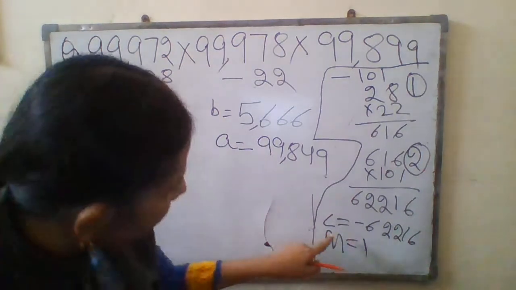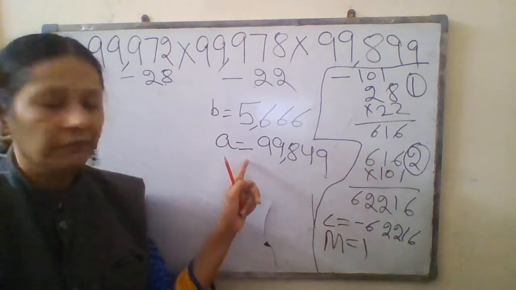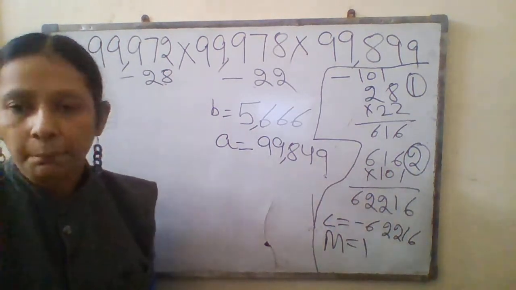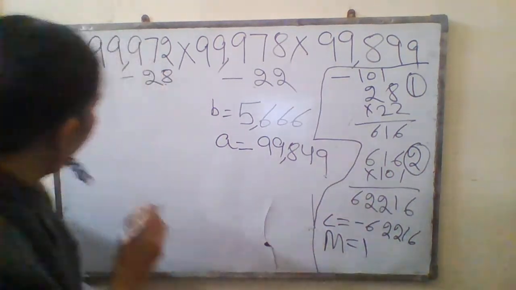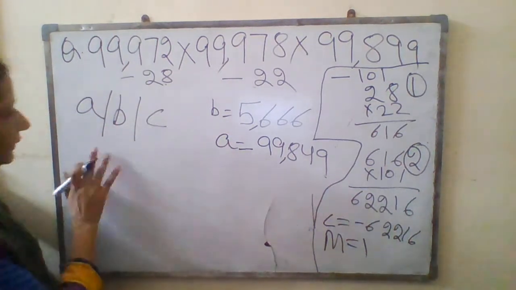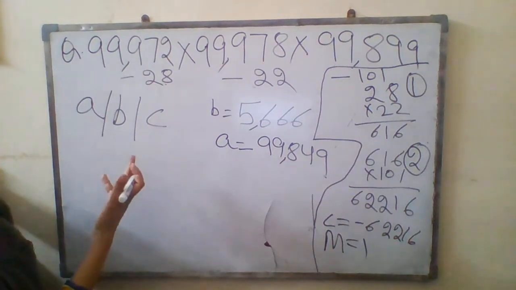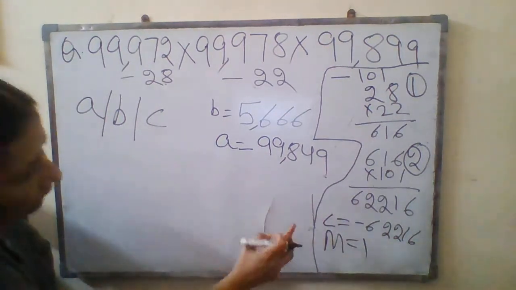Now see, here is the value of C, this is the value of B, this is the value of A. And basically in this question, what you have to do is the balancing A slash B slash C. Now you have to simply put the values. What is the value of C?